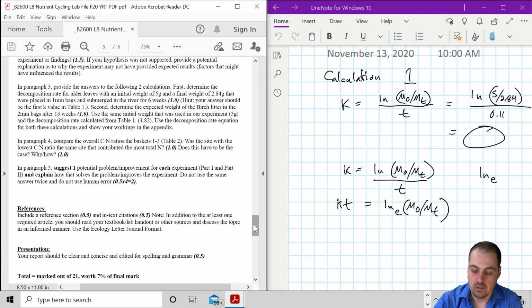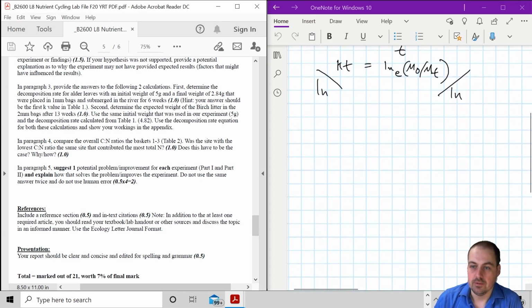So if you divide both sides by ln, what you will have is e to the kT, to the base of e, and you would just have M0 divided by MT. And then the rest is easy.